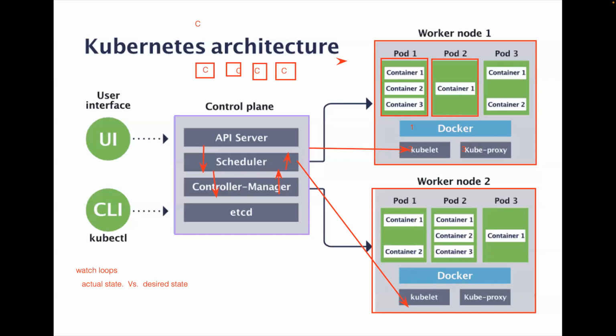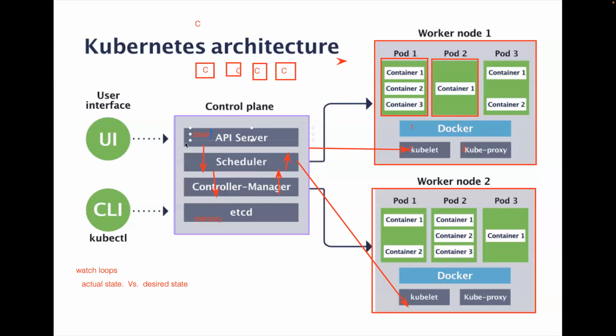If the API server is considered as the brain of the cluster, etcd is considered as the memory of the cluster. Understood? This is called memory. The API server is called the brain of the cluster.